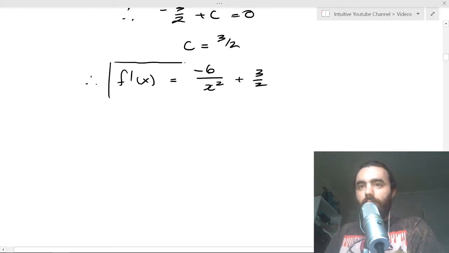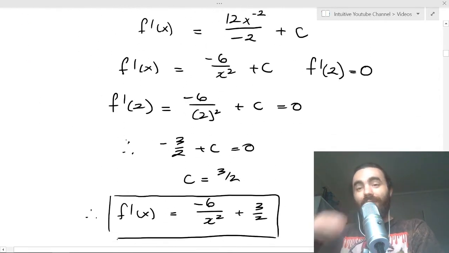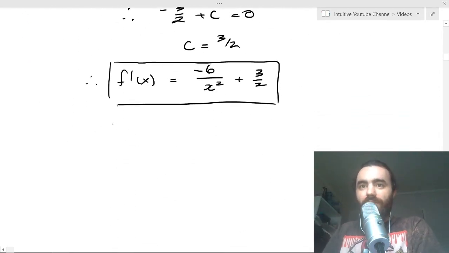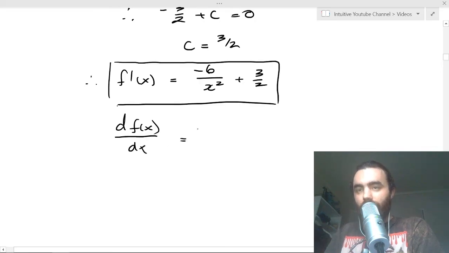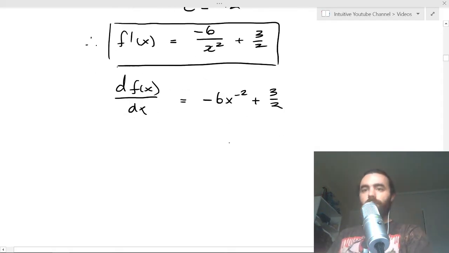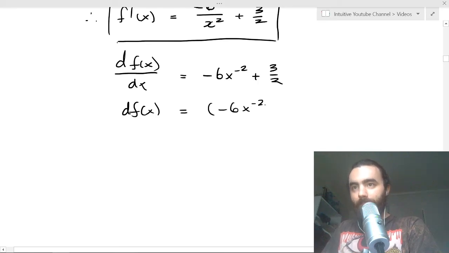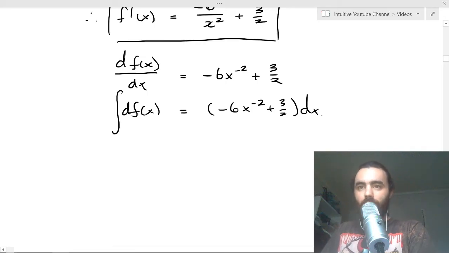Okay. And now we want to find f of x. So we have to integrate again. So remember, this is the same as saying d of f of x over dx, and that equals, we can bring this up, minus 6x to the negative 2 plus 3 over 2. And we can take that dx over, and integrate both sides.